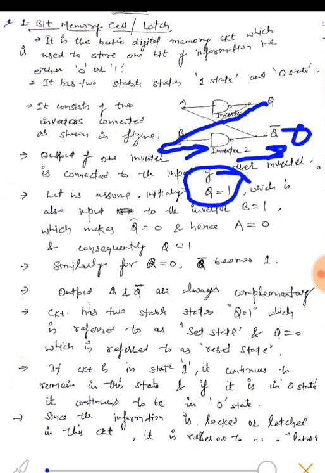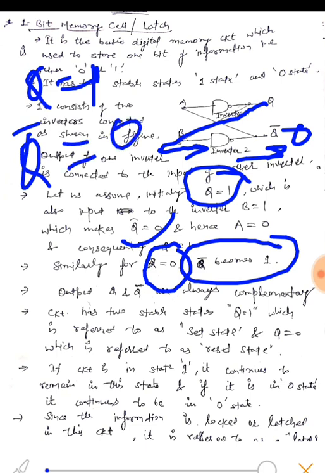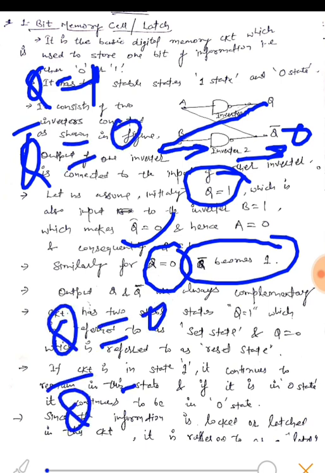So if Q is equal to 1, then Q bar comes out to be 0. Similarly, if Q is equal to 0, Q bar will come out to be 1. That is, the outputs of both inverters are complements of each other.